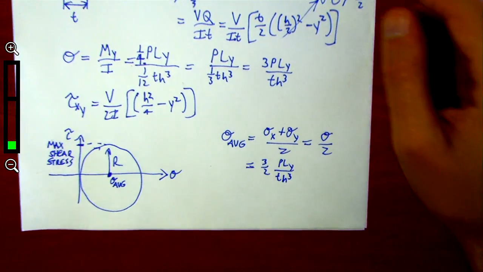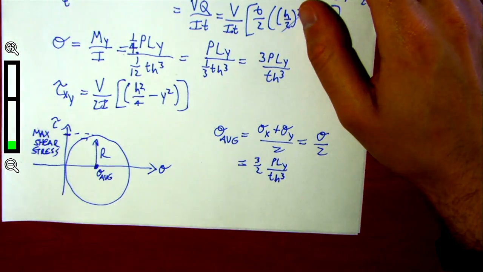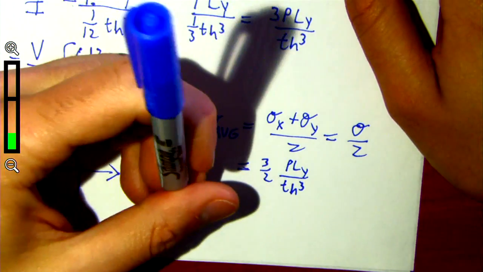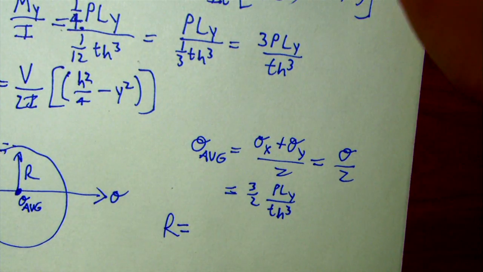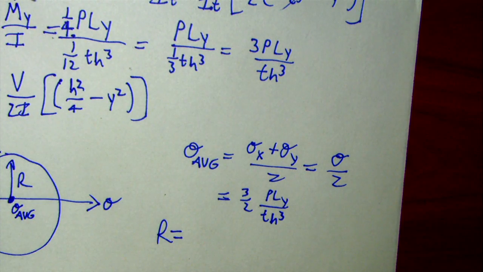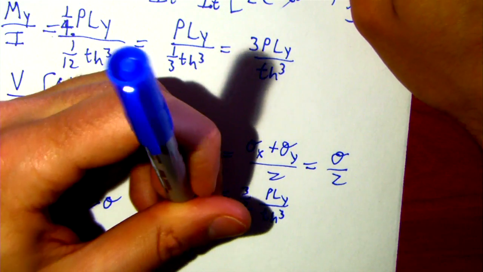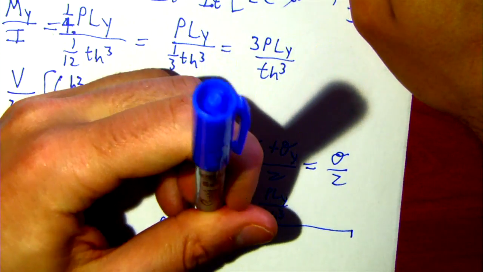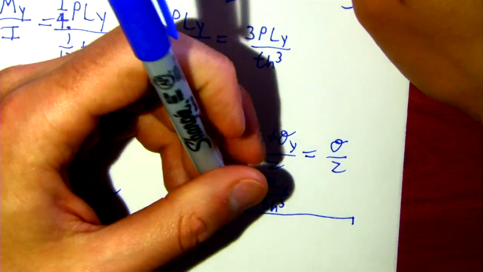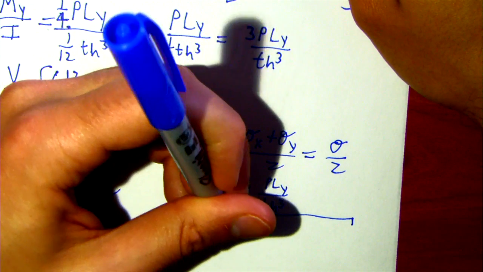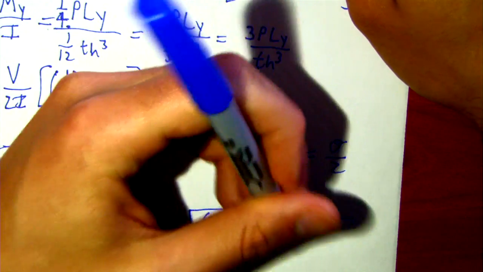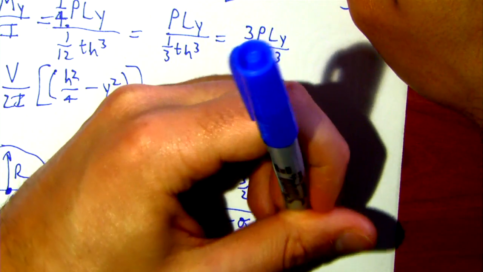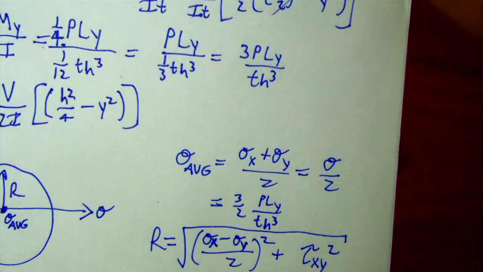So, if you remember from before, the radius of this puppy is equal to the square root of sigma x minus sigma y over 2 squared plus tau xy squared.